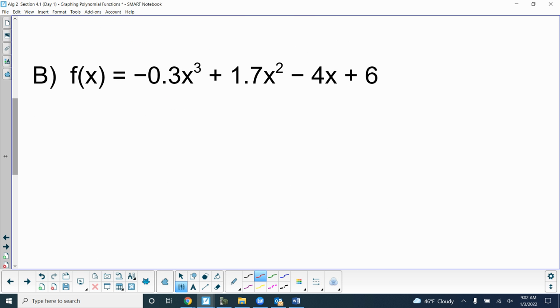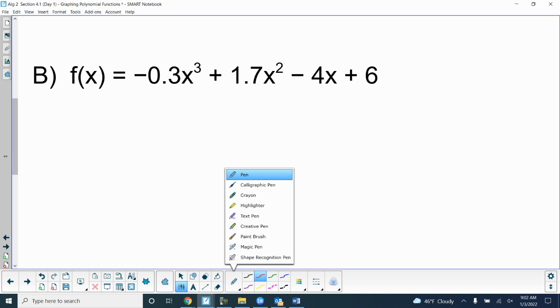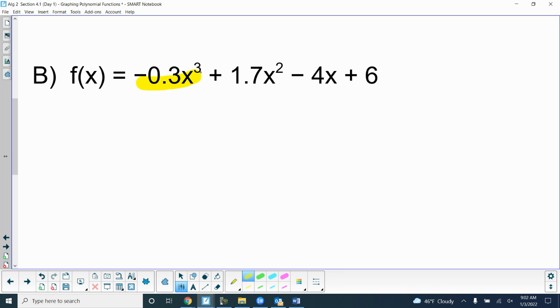Is this in the right order? Highest degree down to lowest? Okay? So again, all I worry about is that first term. To figure this out, what's the far right doing? Going down. Why? That's positive infinity, right? Ooh, that's bad.